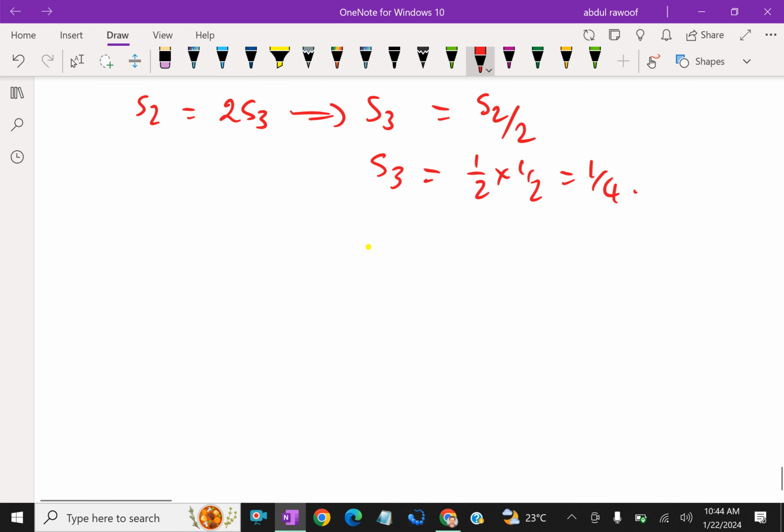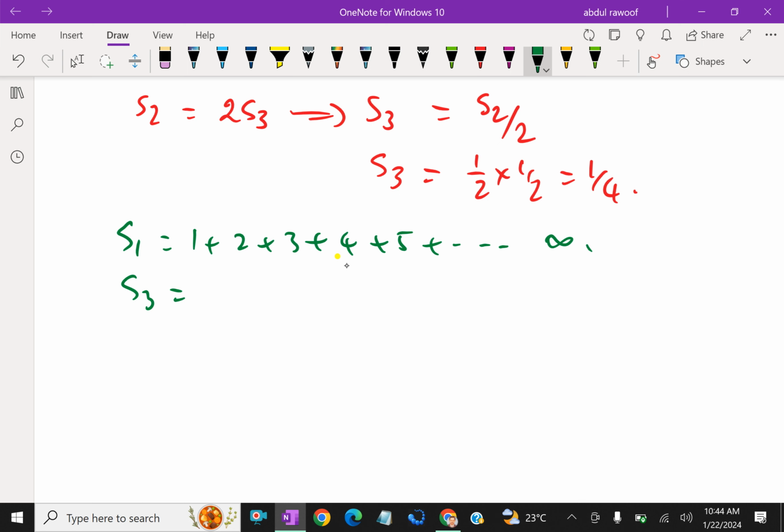Now further, we can use this one more time. Rewrite it one more time. S1 equals 1 plus 2 plus 3 plus 4 plus 5 up to infinity, that is equation 1.